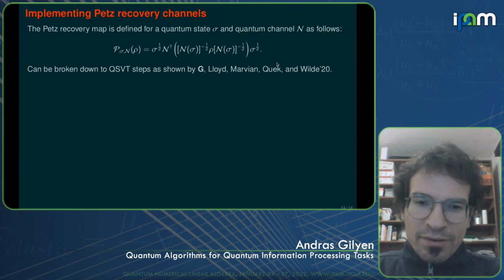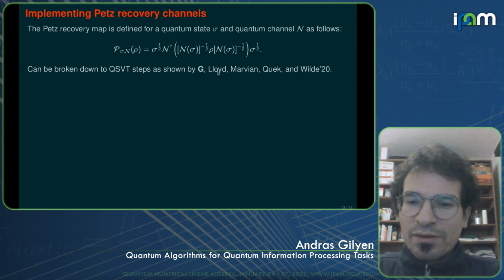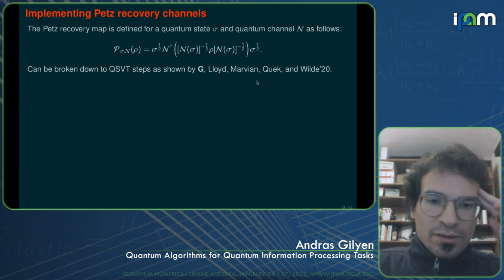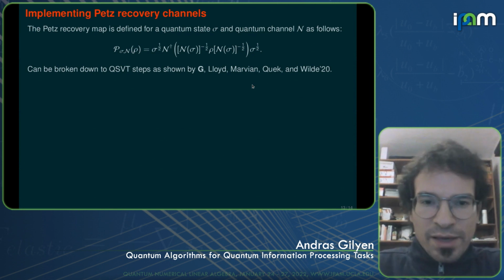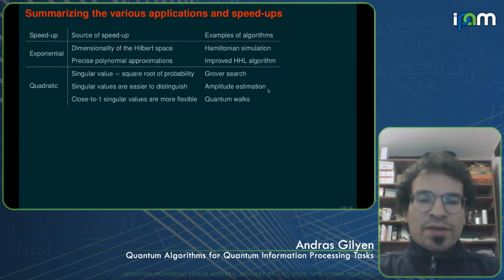And that's, again, a particular case of singular value transformation. And then we show this in a paper with Seth Lloyd, Iman Marvian, Iho Ikvik, and Mark Wilde in 2020. Unfortunately, I don't have time to go into details here.